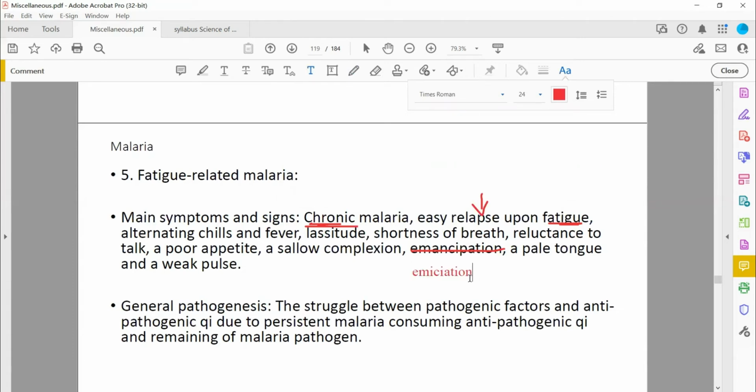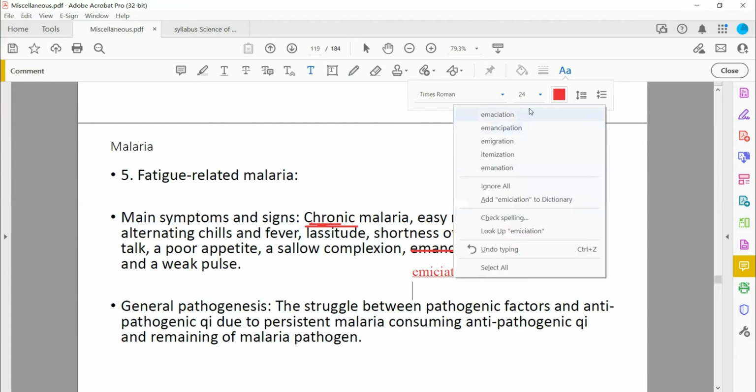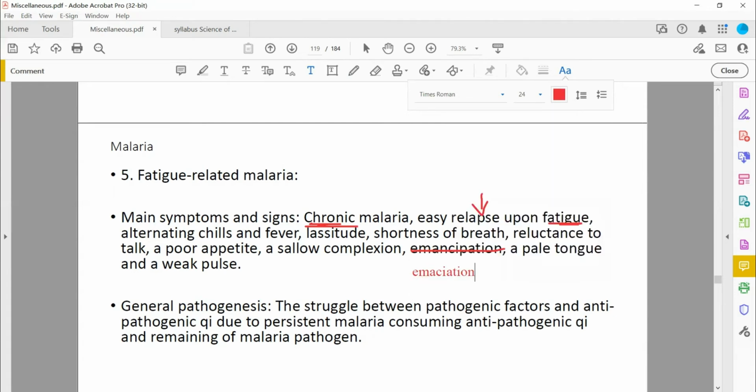Emaciation. How to spell? Yes, this one.